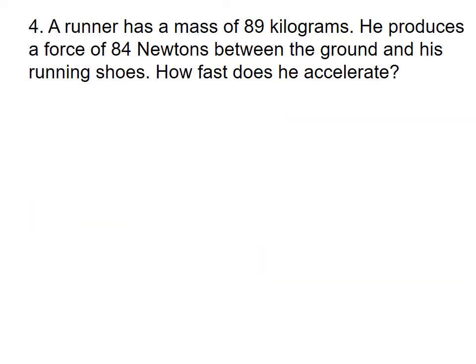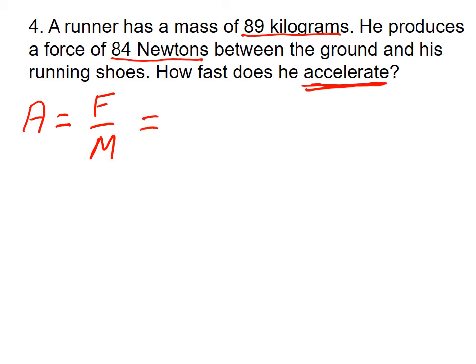In number 4, it says a runner has a mass of 89 kilograms, and he produces a force of 84 newtons between the ground and his running shoes. How fast does he accelerate? So they're asking us to solve for acceleration, which according to this equation is force divided by mass.